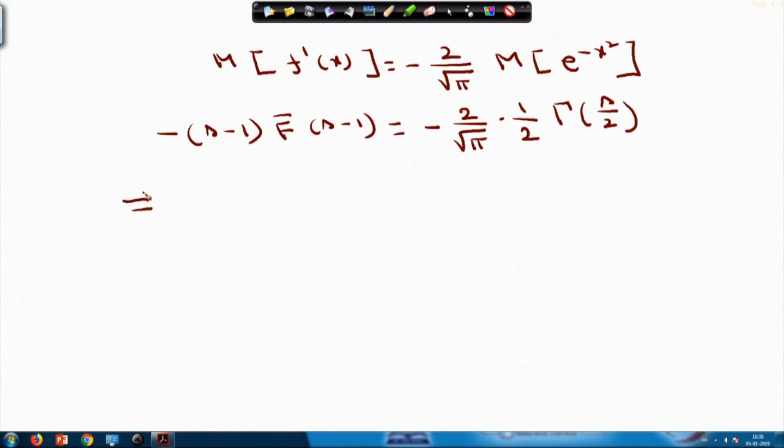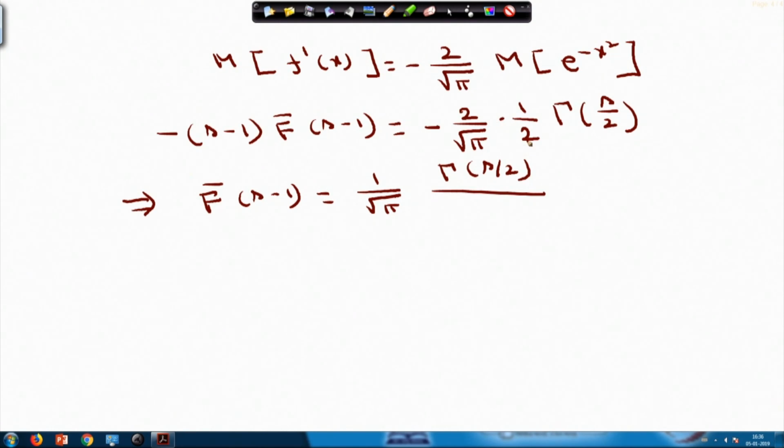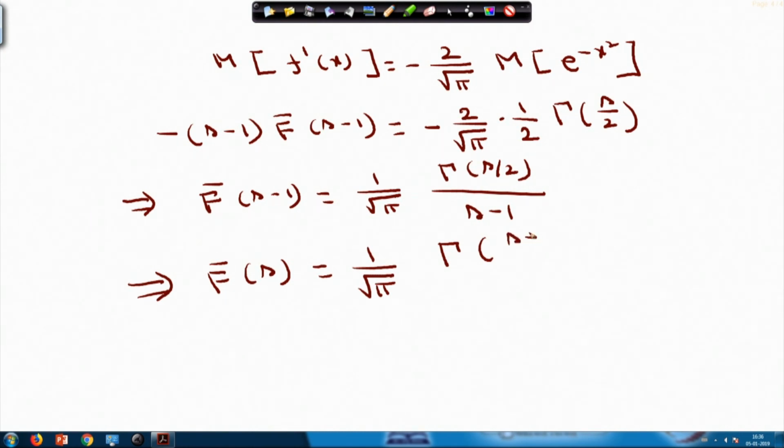So, from here I can write F bar of s minus 1 equals 1 by root pi gamma of s by 2, the 2 will be cancelled, divided by s minus 1. So, your F bar of s equals 1 by root pi gamma of (s plus 1) by 2, with s replaced, divided by s.